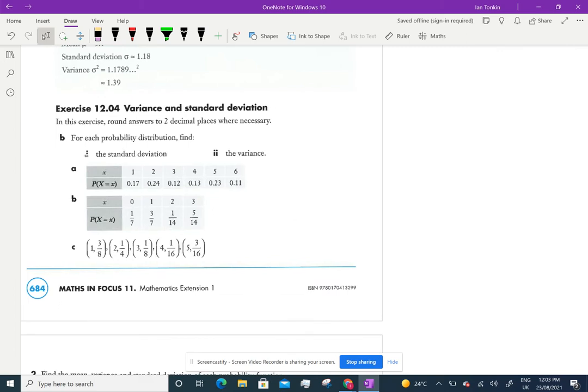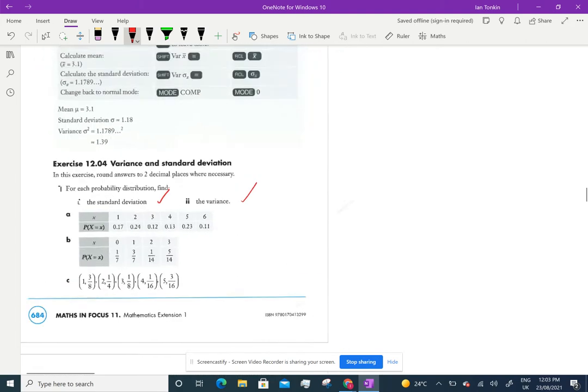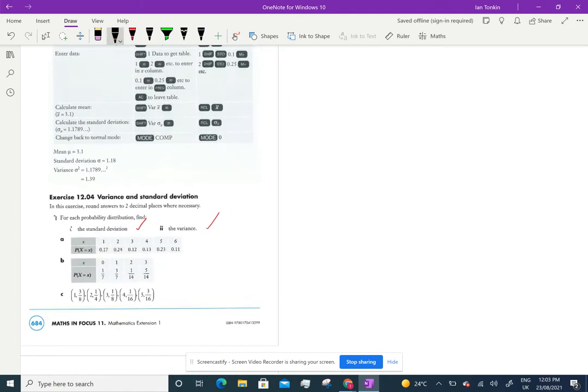Now, it's really funny because they tell you to work out the standard deviation first. Really, you've got to find the variance first and then find the standard deviation. So, if I do question 1A, so here we go, let's have a crack. 1A. I have to calculate the expected value or the mean. And remember, that's pretty easy.